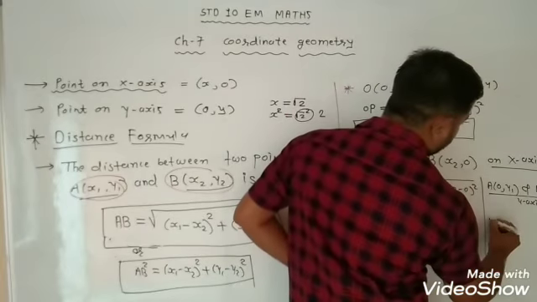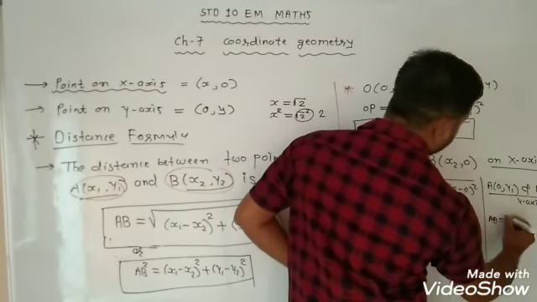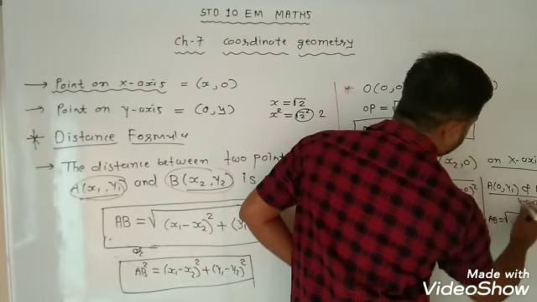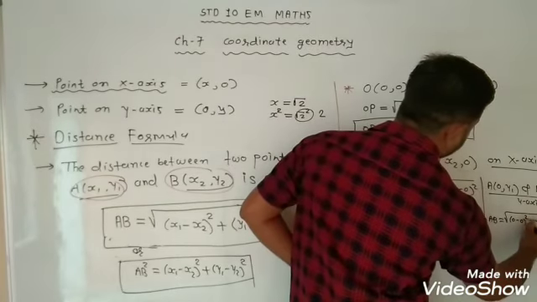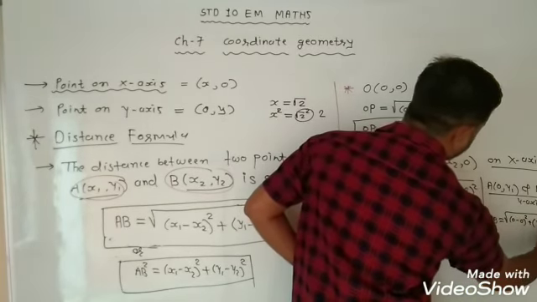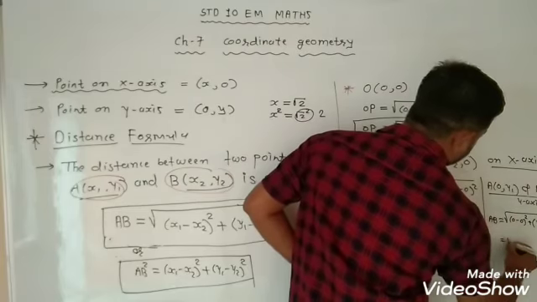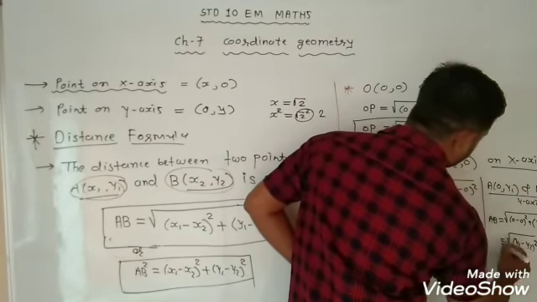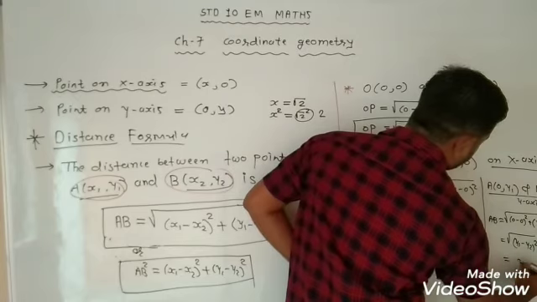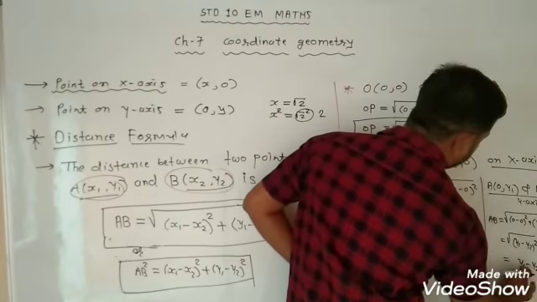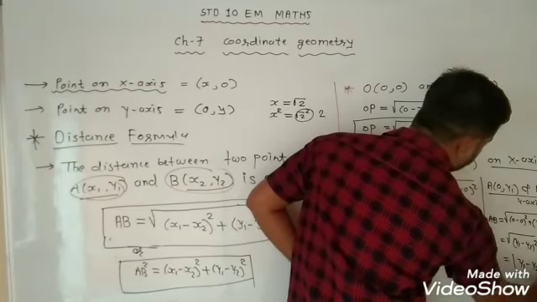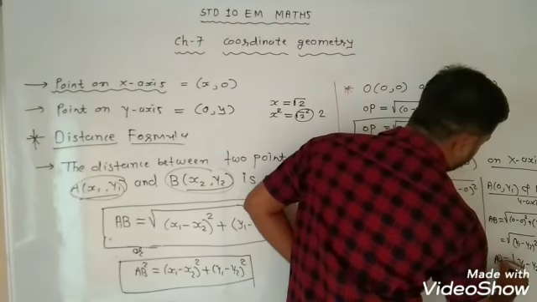The distance between these two is given by AB is equal to under root 0 minus 0 square plus y1 minus y2 square. So we have y1 minus y2 whole bracket square. If we remove the square and square root, then y1 minus y2, but we don't know whether y1 is bigger or y2 is bigger. So we have to write its absolute value.